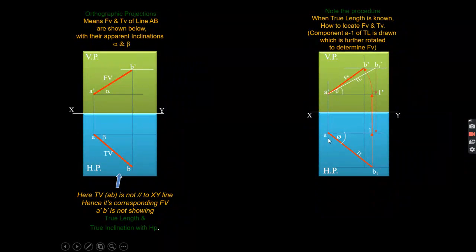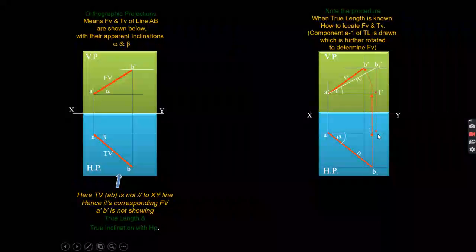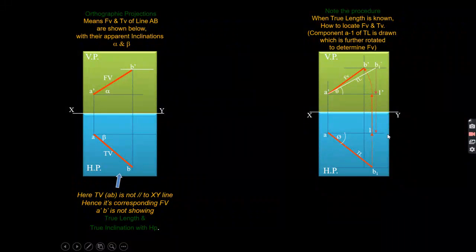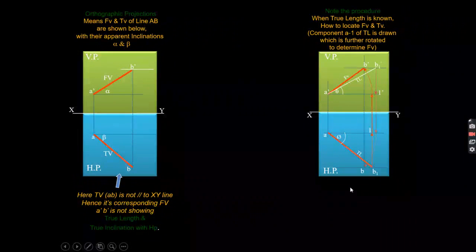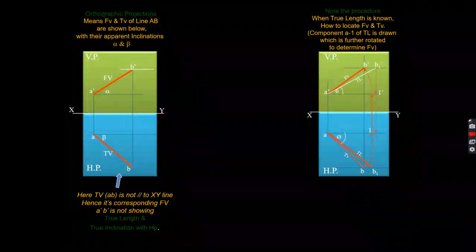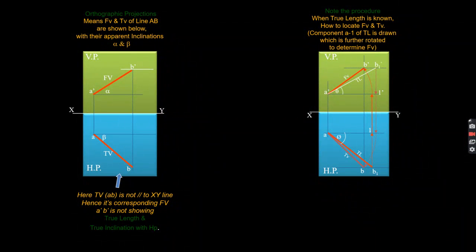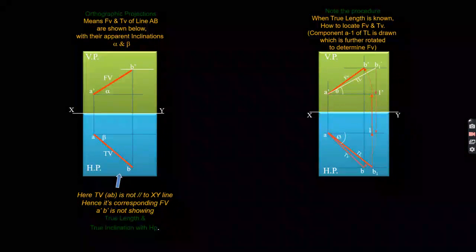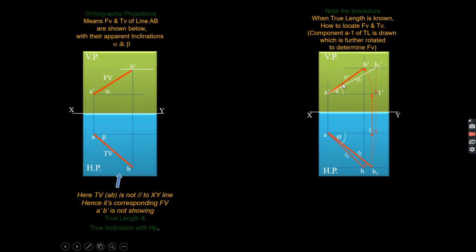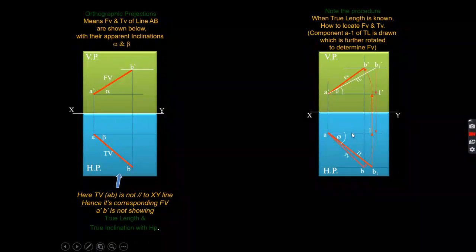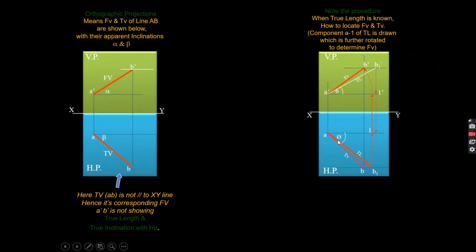So I will take the rounder, mark the distance A B2, and I will cut an arc here. So this is how I will get the top view of the point. Okay, and here you can see this angle is now more than theta, and this angle is more than phi.